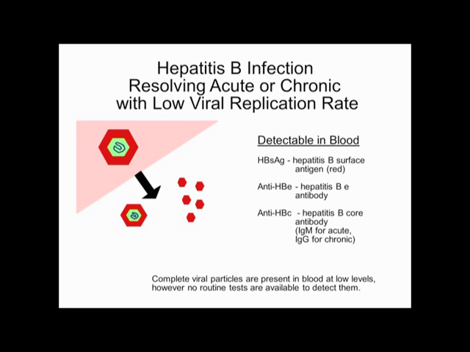Now, in the chronic situation, where you've got virus, surface antigen, IgG core, you may have lots of virus being made. In that case, you've got E protein. You may have a situation where very little virus is being made. In that case, you've got E antibody.